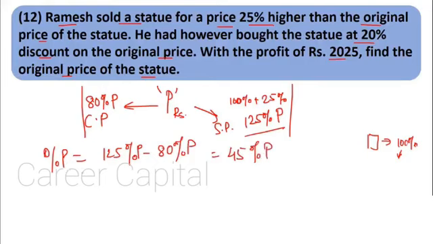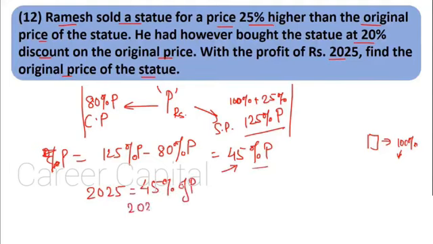Now this is not profit percent, this is nothing but the actual profit. Profit is selling price minus cost price, and that is nothing but 45% of P. What they have given is that profit is 2025 rupees, but we already know profit is 45% of P, so both these should be equal. Let's solve it.